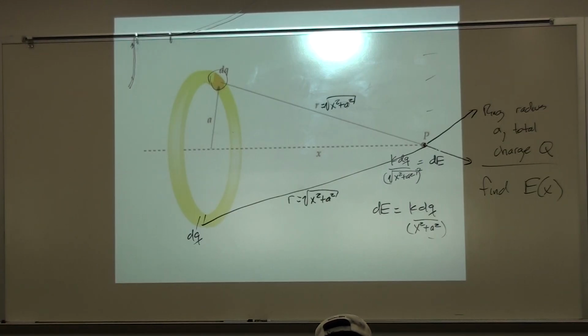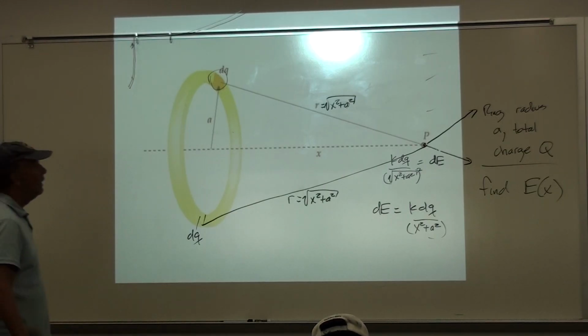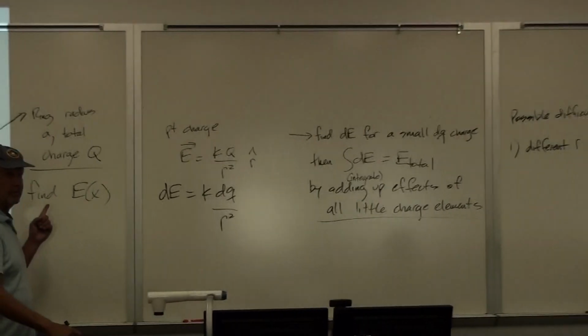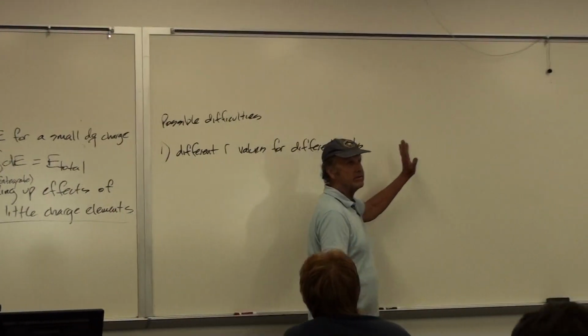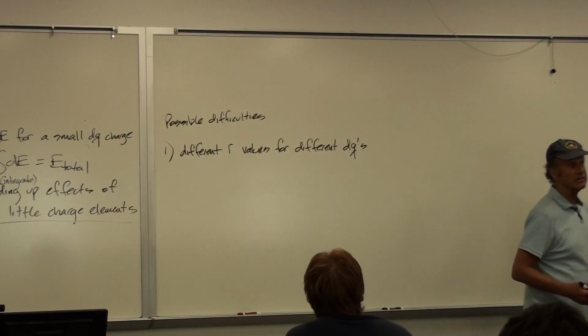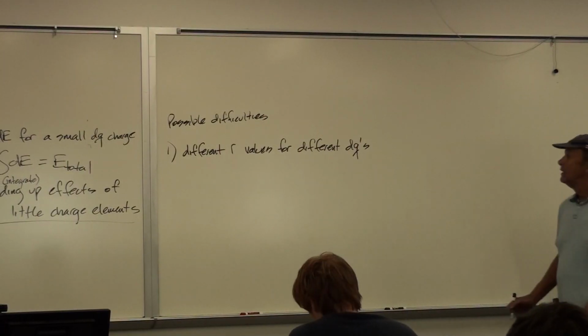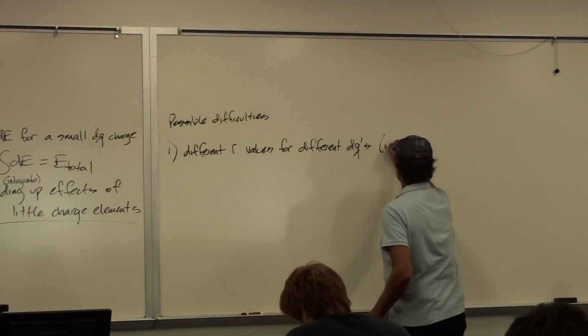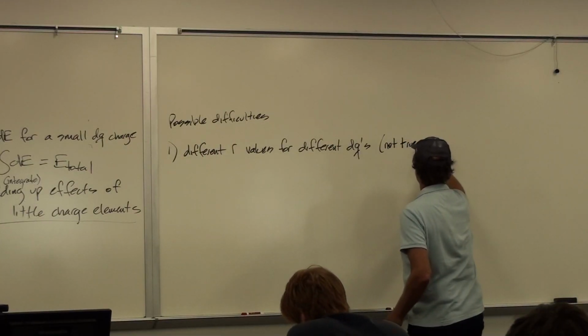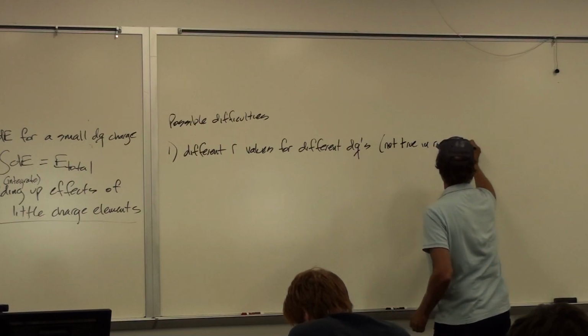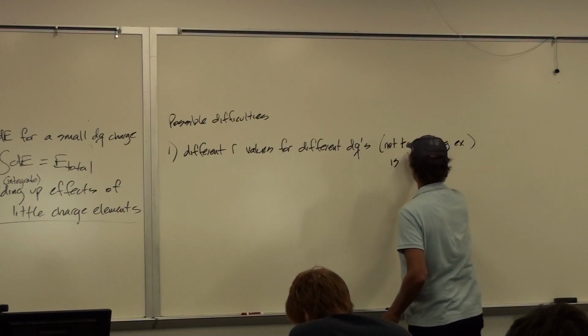So that's not a problem here, and that's the reason why I chose this example first, is that this simplifies the math considerably if all of the distances are the same. That's not true in the ring example, but it is true in most other examples.